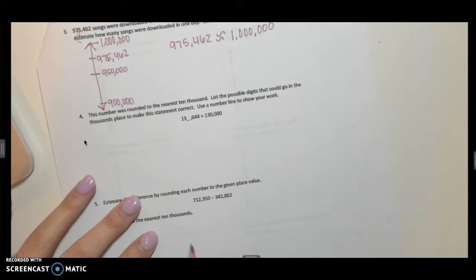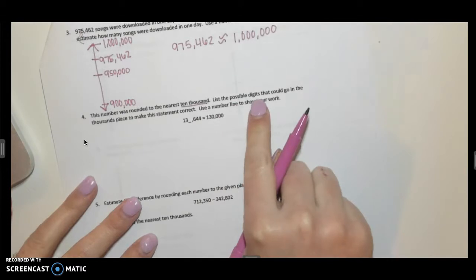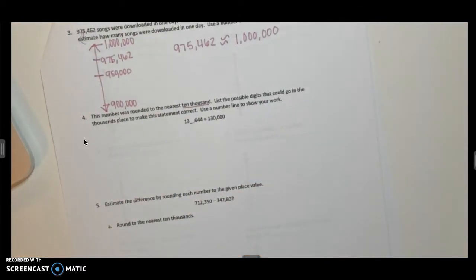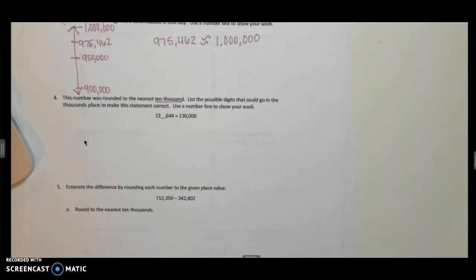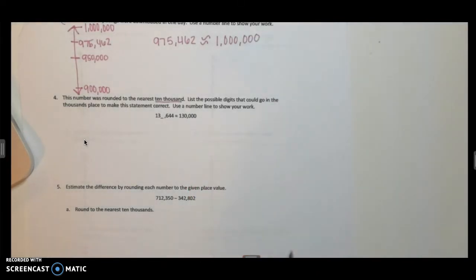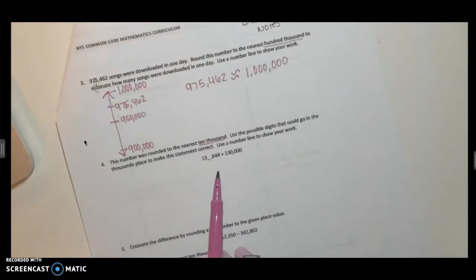Okay, number 4. This number was rounded to the nearest 10,000. List the possible digits that could go in the thousands place to make this statement correct. Use a number line to show your work. So we have 130-something thousand 644, and they want it to equal 130,000. So our possible digits that could go in this space would be anything less than 5, because remember 5 would make this 10,000s place go up.